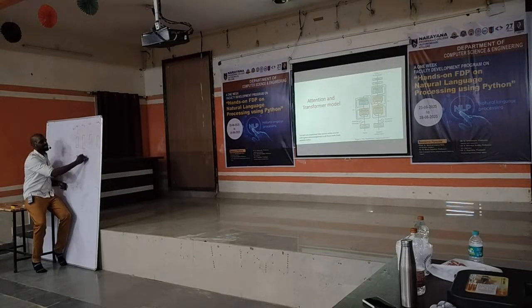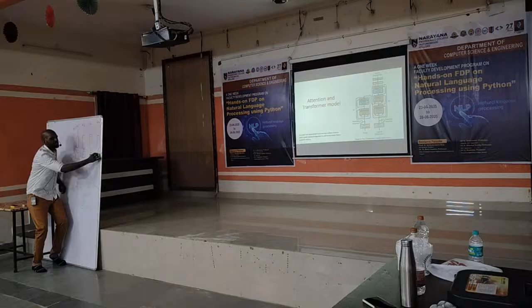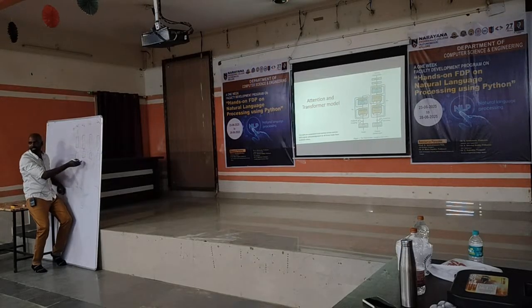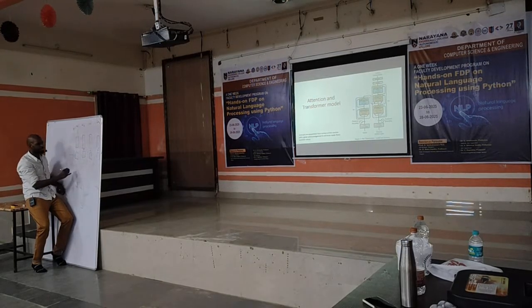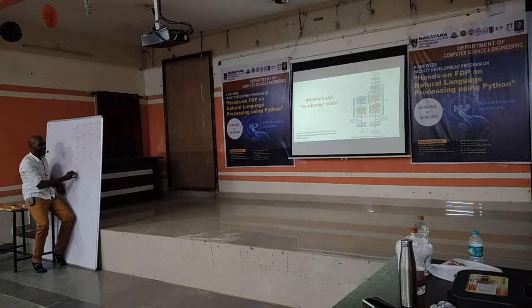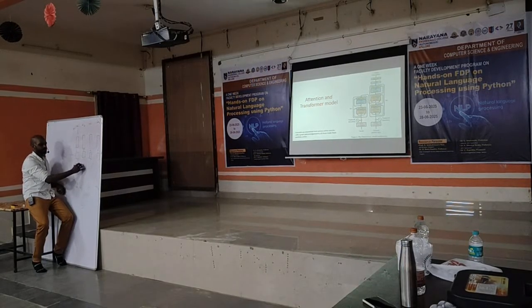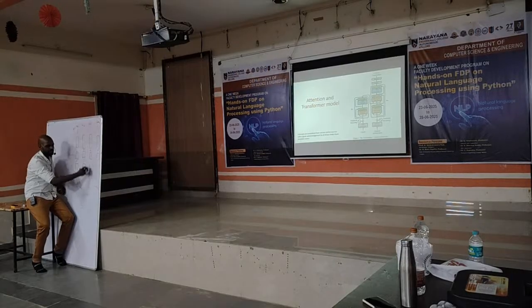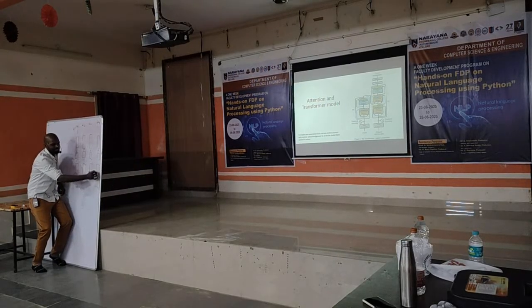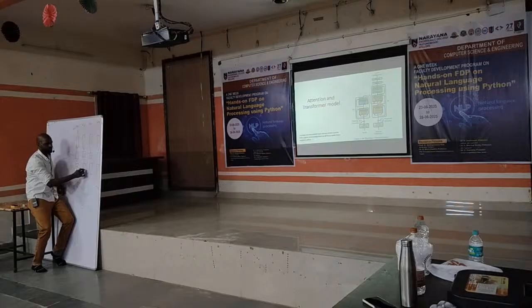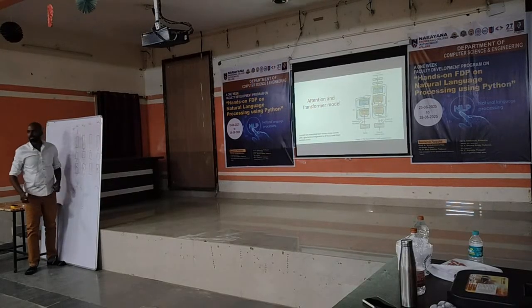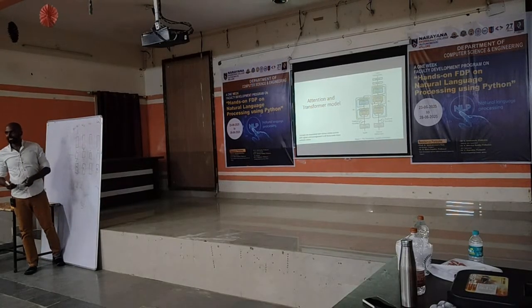Same size. Although because of the space restriction I reduced the size, it's the same size. So you get another embedding as a resultant. This is the embedding: E1, E2, so on, En. Understanding? So far is clear, right?